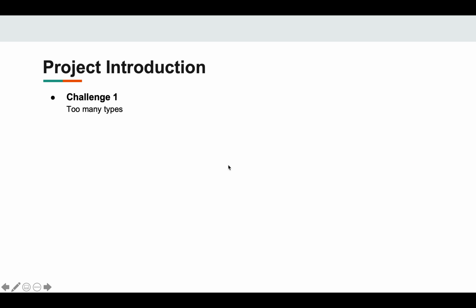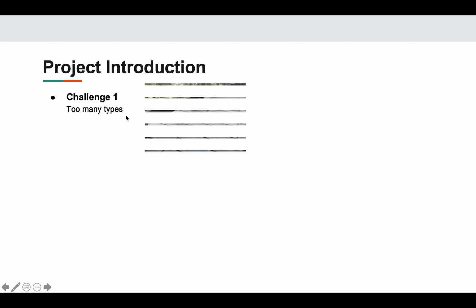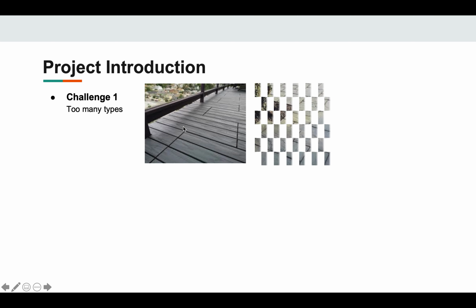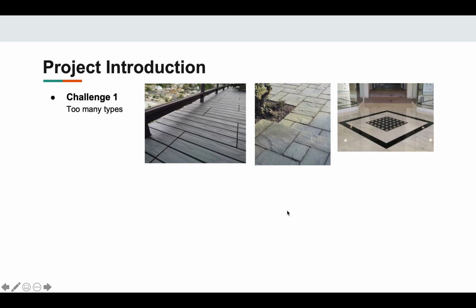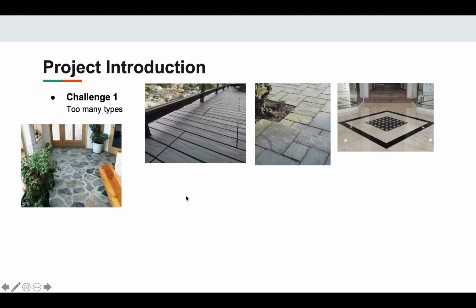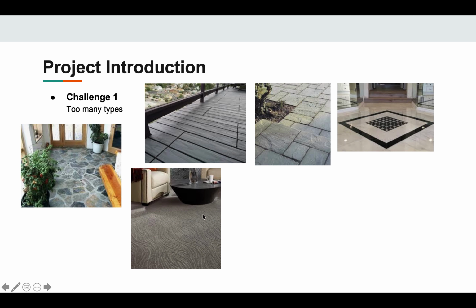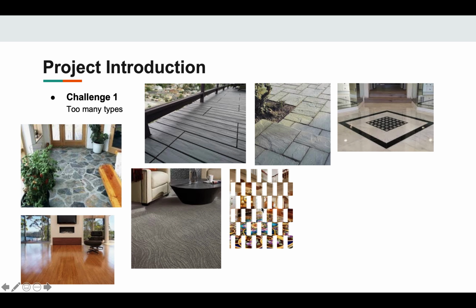For this project, there are several challenges. The first one is there are too many types of floors. We have the wooden one, the stone, tiles, the carpet, and even this kind of art floor.